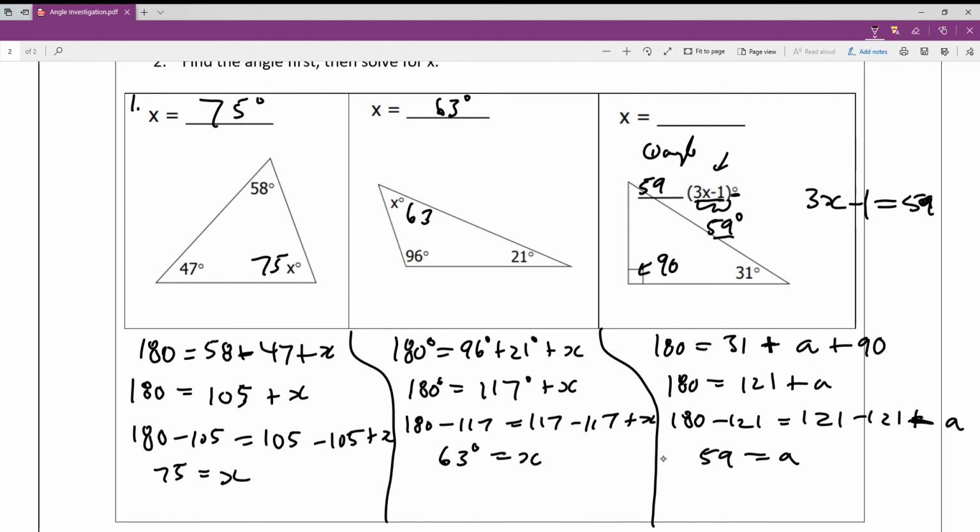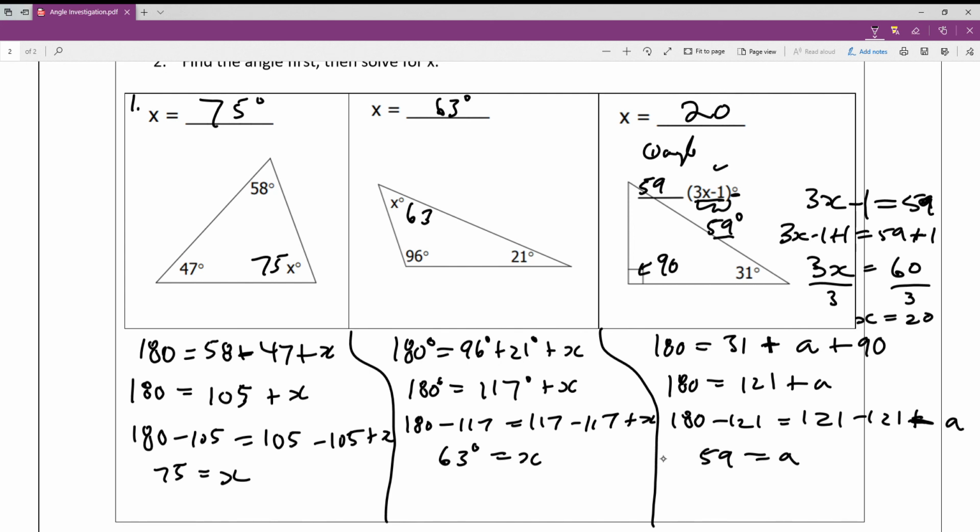Okay, and now we need to solve for x. So we just do a little algebra. We need to isolate for x, so we add 1 on both sides. And then you're left with 3x equals 60, and then you divide by 3 on both sides, which gives you 20. So x is equal to 20.